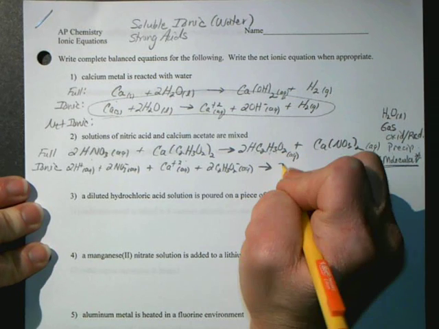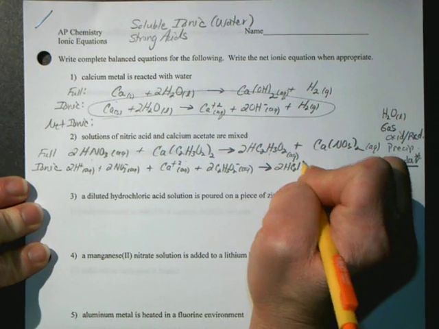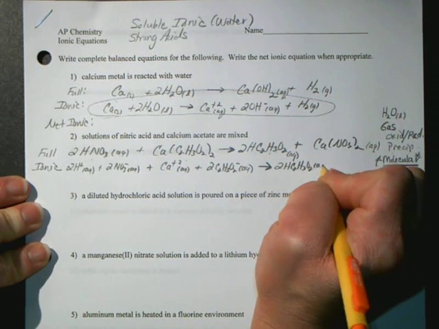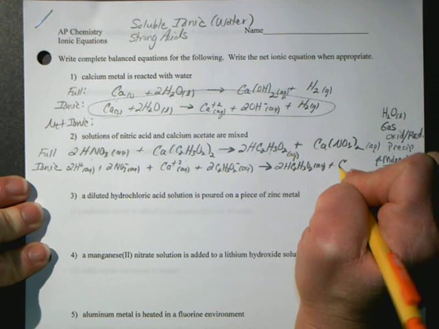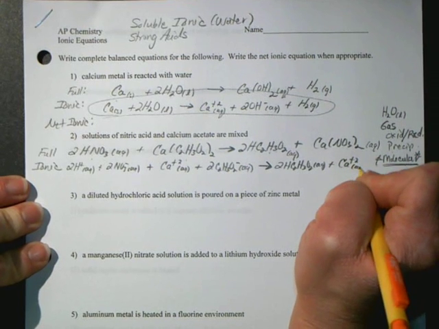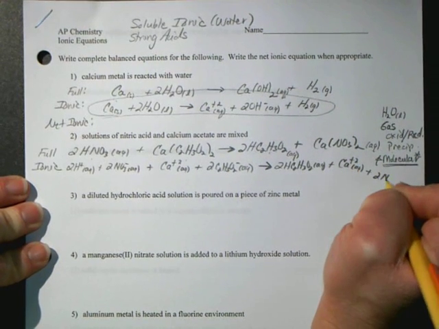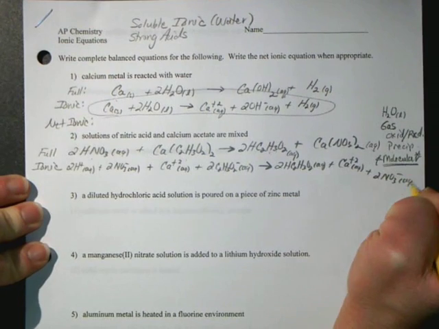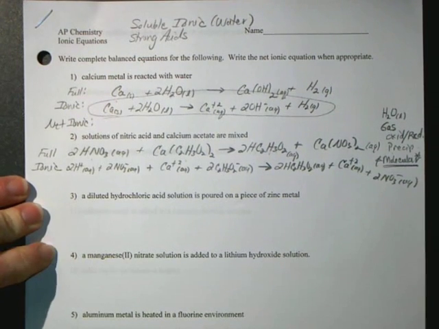However, this will stay as acetic acid, weak acid, but this will be separate ions, plus 2 NO3. So we do have spectators, calcium and the nitrate.